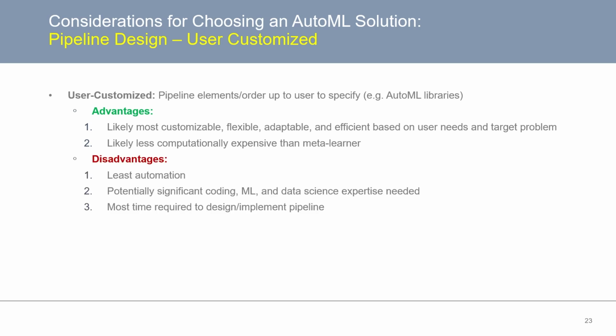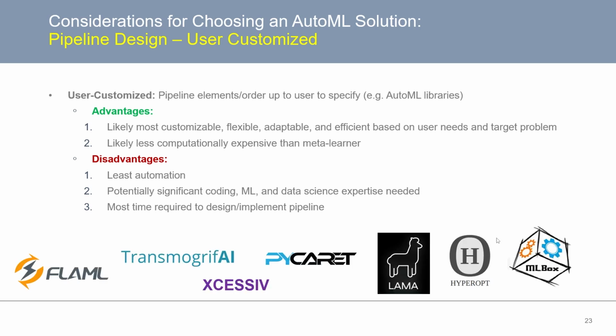However, they offer the least degree of automation, requiring potentially significant coding, machine learning, and data science expertise. And ultimately, they're likely to require the most time to design and implement the pipeline. Here we have some examples of AutoML options that primarily take this user-customized approach.